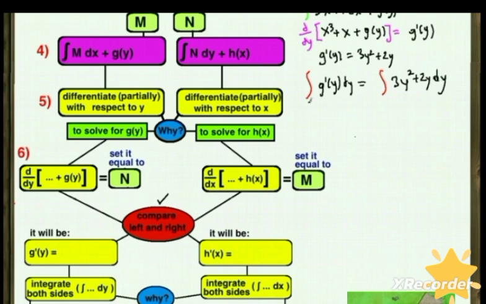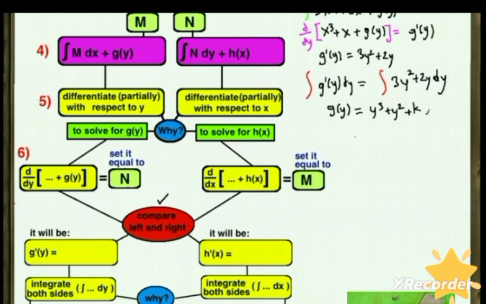G prime and integral cancel each other, so we have g of y here. And 3y squared becomes y cubed over 3. 3's cancel out, so y cubed is left, plus y. Antiderivative of y is y squared over 2. 2's cancel, so it becomes y squared here. And some constant k.